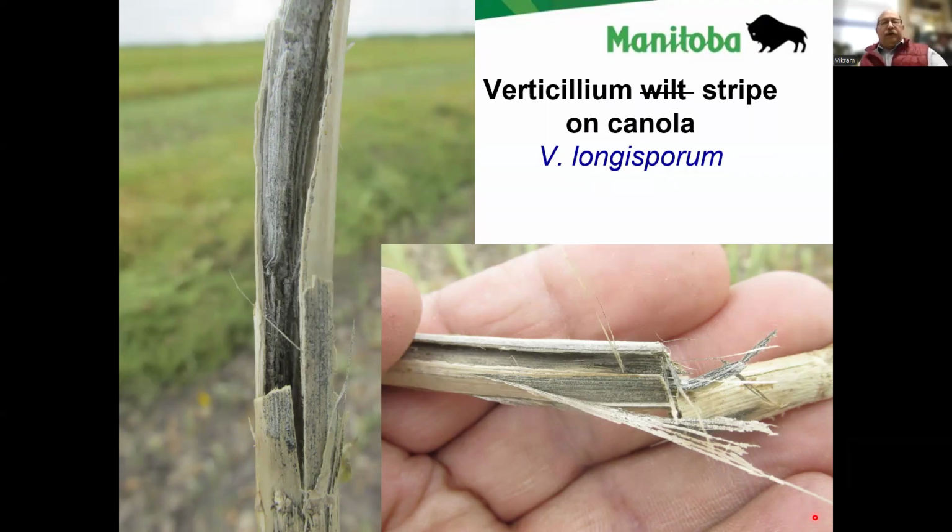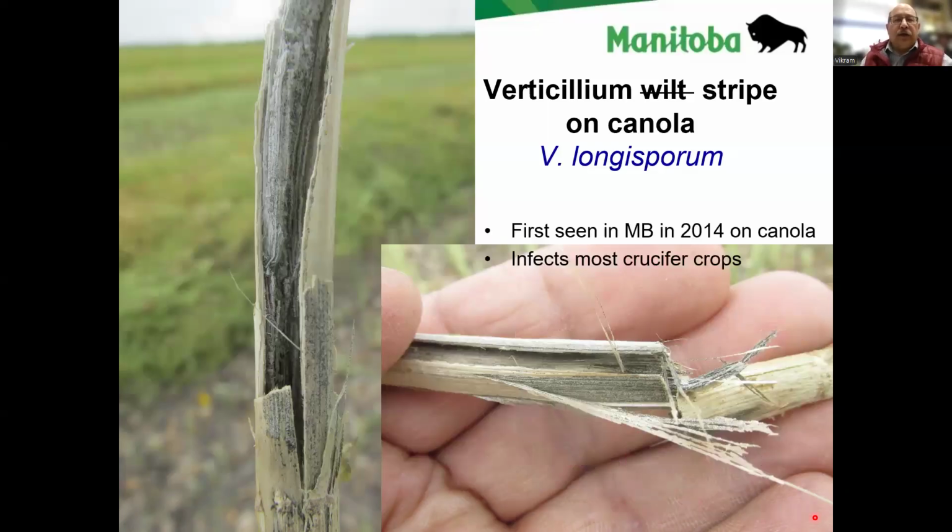This is important because even though it was just recently discovered in Canada, Manitoba in 2014, it has spread into many other fields. It can also affect many other crucifer crops.